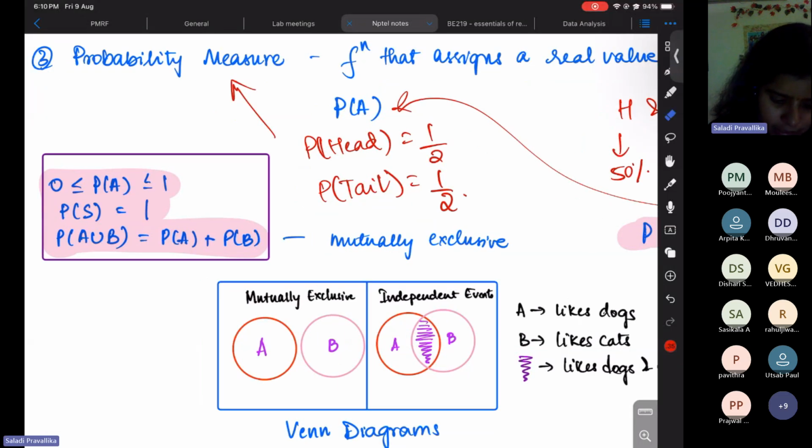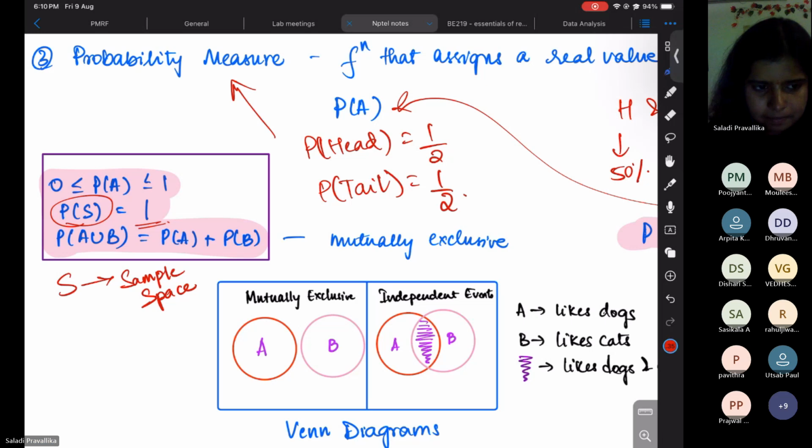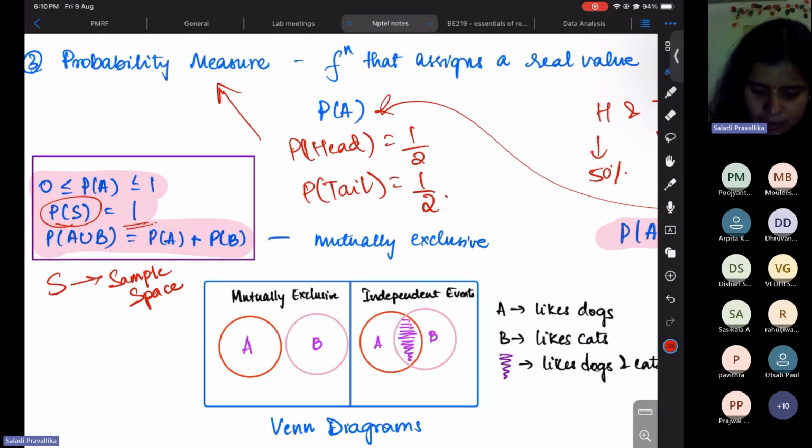Now, this S here represents the sample space. So the probability of the entire sample space is equal to 1. So now if I'm having both head and tail as probabilities, if I add both of them, 1 by 2 plus 1 by 2 is equal to 1.